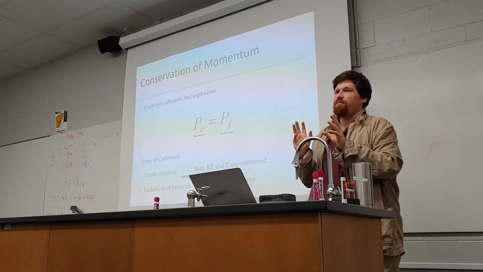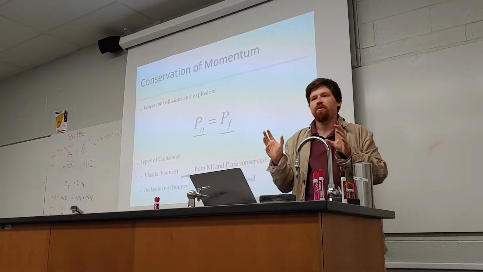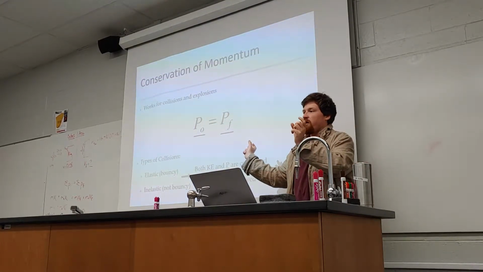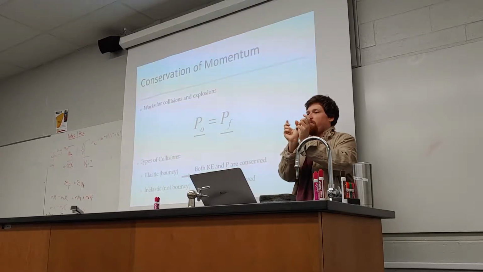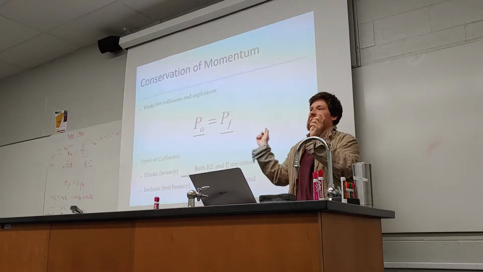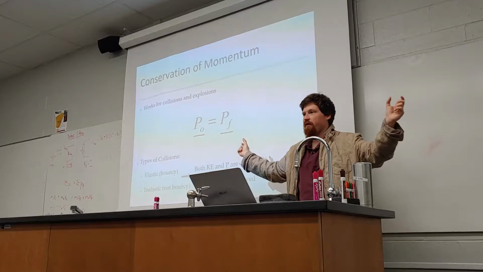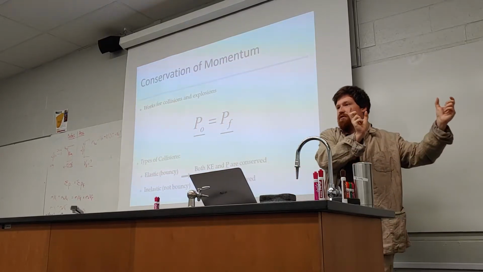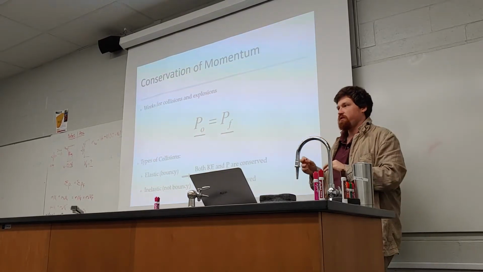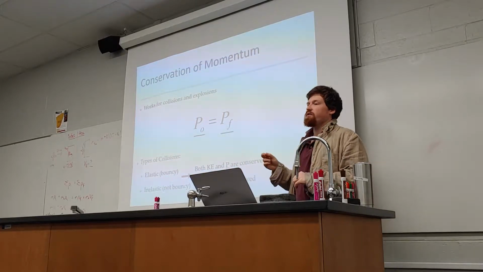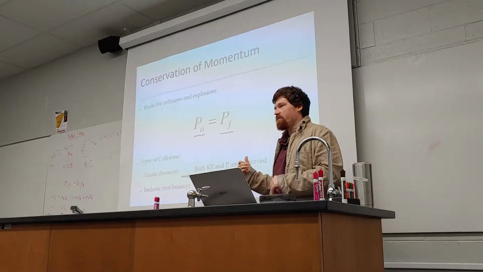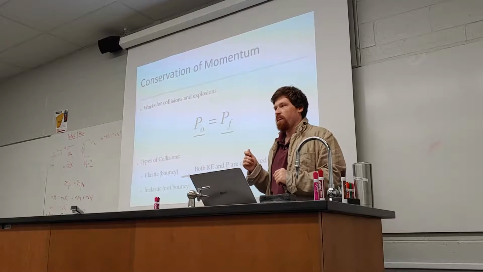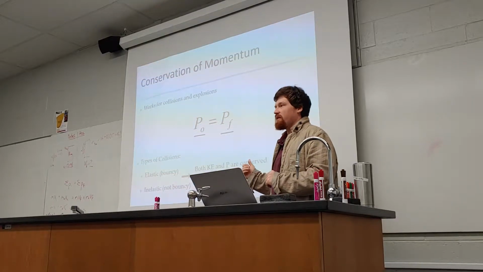Now, how that looks will depend on the system. Sometimes the first object might stop and the second object will start moving. Sometimes they might bounce off in separate directions. Sometimes they'll still be moving in the same direction. It just depends on the system. But as long as there is a bounce involved and they don't join together, that is some type of an elastic collision.